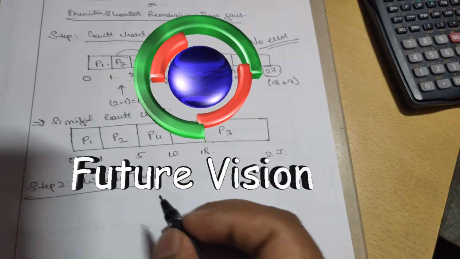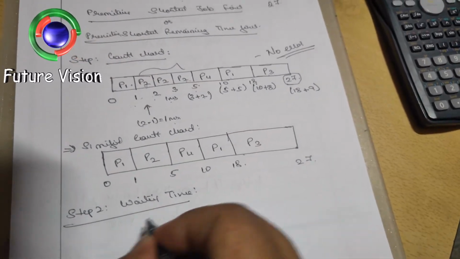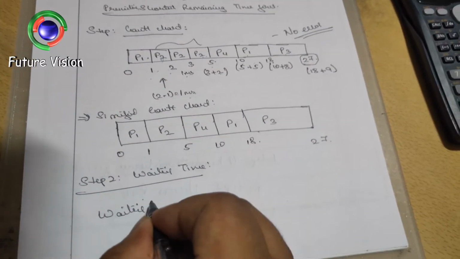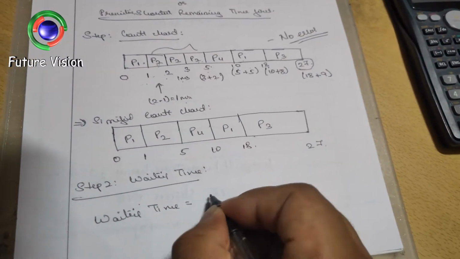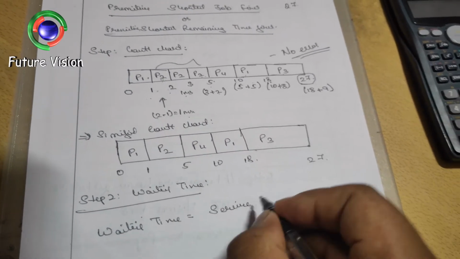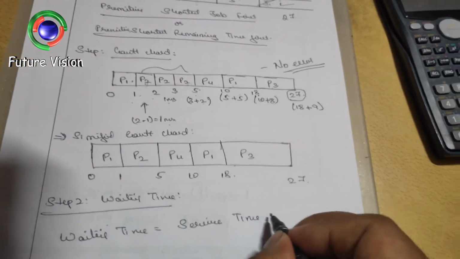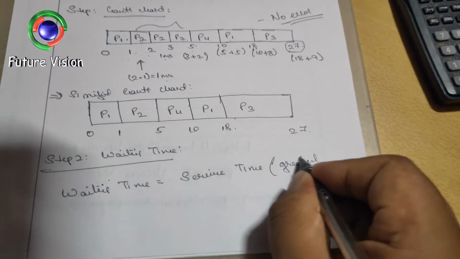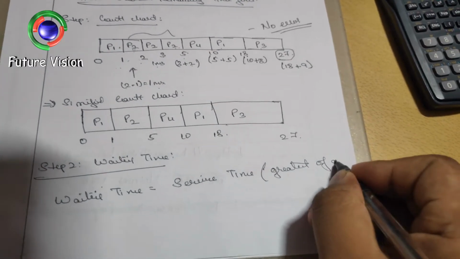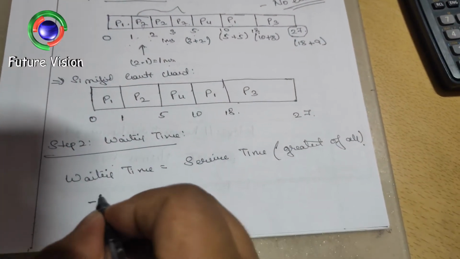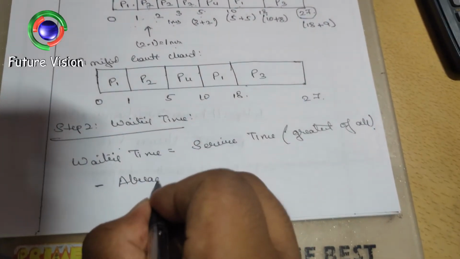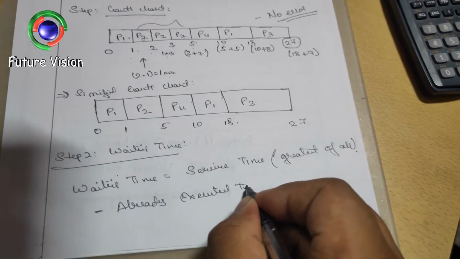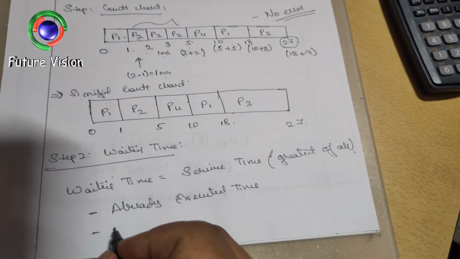We have another formula to calculate the waiting time. See here, waiting time is equal to service time, the service time is the greatest of all, minus already executed time, minus the arrival time.